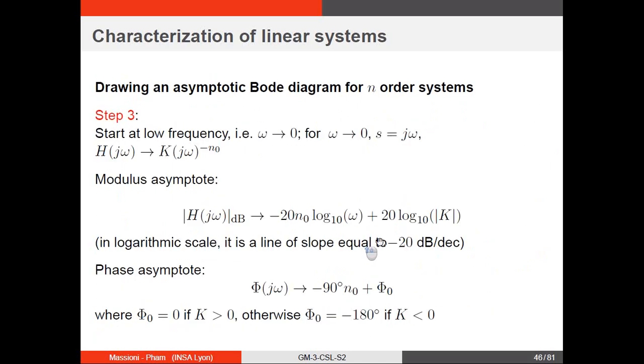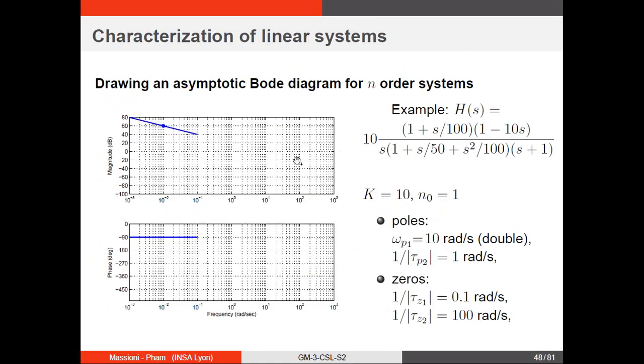What about the modulus? Well, the modulus is this line over here. So we have k equal 10, 20 log 10 of 10, so 20, plus minus 20 n naught, so n naught is 1, so minus 20 log 10 of omega, which is a line. So how do we draw a line? Well, it is a line sloping down 20 dB each decade, and then you can just pick a point to place the line up and down.